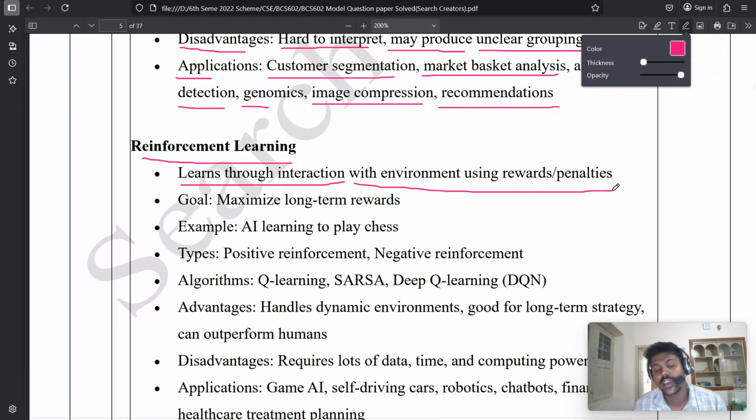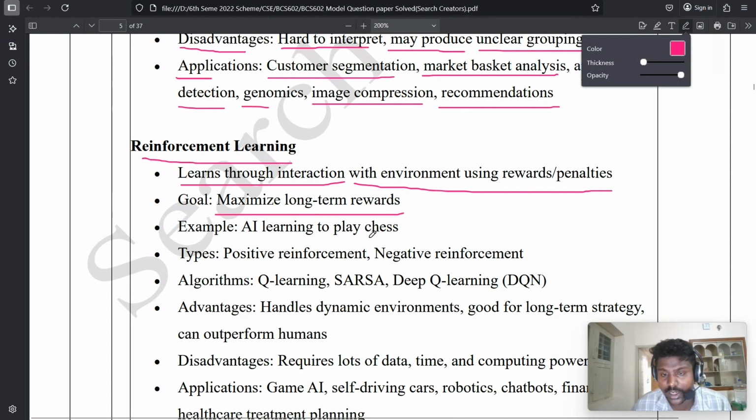The goal is maximizing long term rewards.